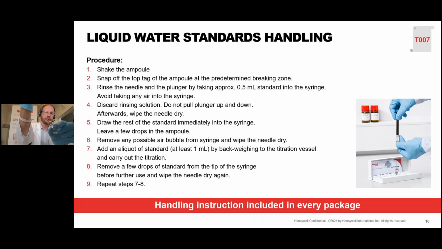And we recommend to leave just a few drops inside the ampule to make sure that it's not getting wet from external humidity, and wipe the needle dry again and avoid taking any further air into the syringe. However, you will always have a small bubble which comes from the dead volume of the needle in the syringe, and I use it to homogenize the water standard inside the syringe by moving the syringe a little bit.